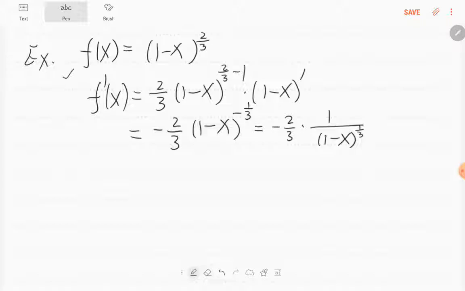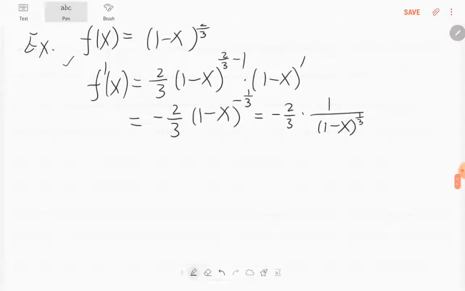So we still need to look at the critical points, right? But we notice that this derivative never is 0 because the numerator is non-zero. But we can still find the critical point. The reason is when x equals 1, the denominator equals 0.